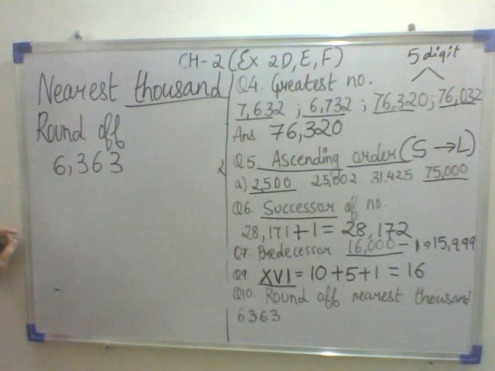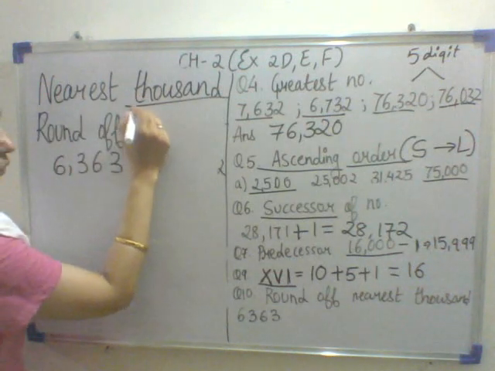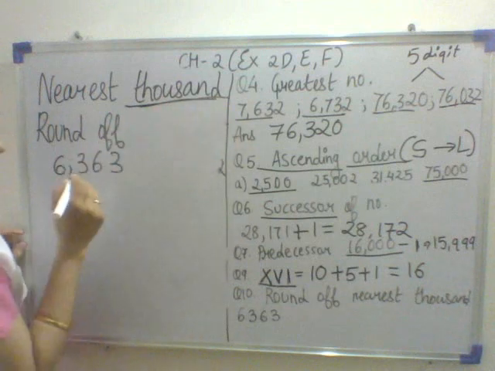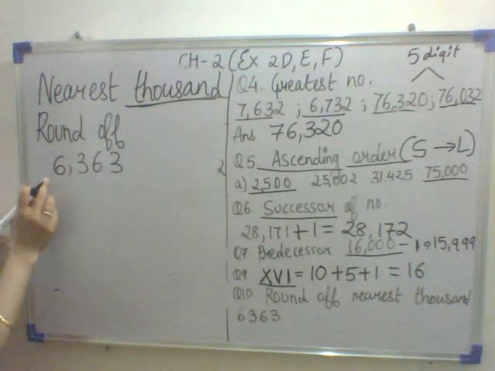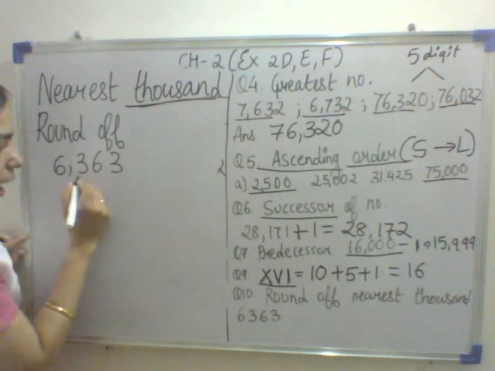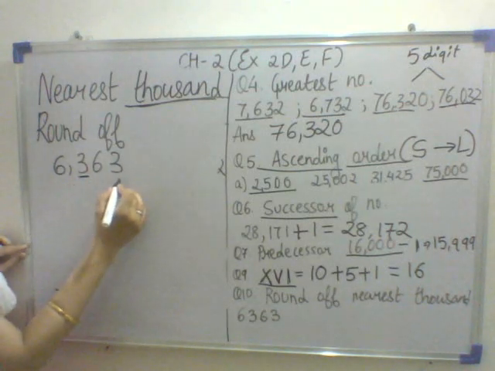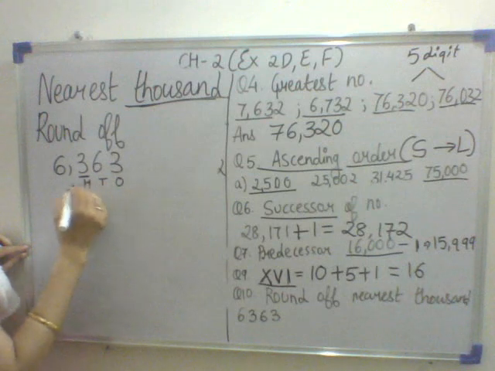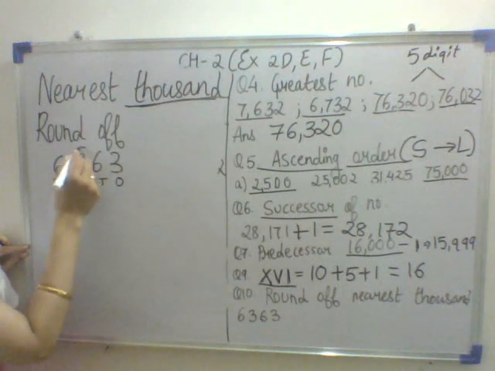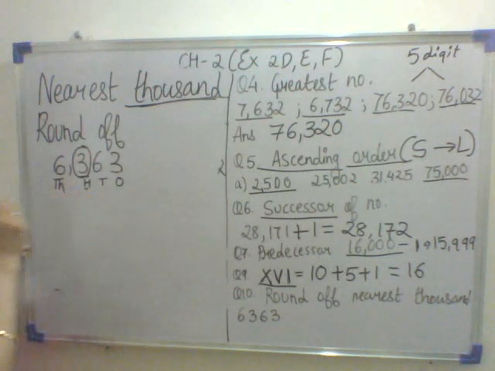So if you have to round off the number to the nearest 1000, you have to see the digit at the hundreds place. 3 is there at the hundreds place. This is ones, tens, this is 100 and this is 1000. So the digit 3 is there at the hundreds place.